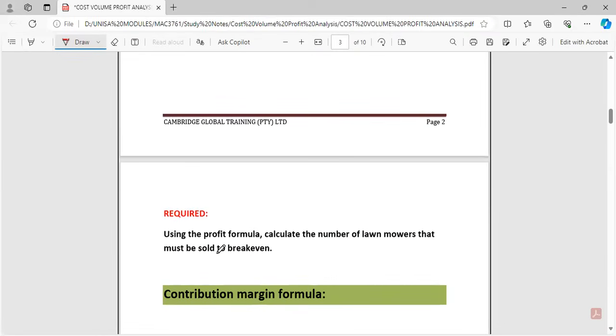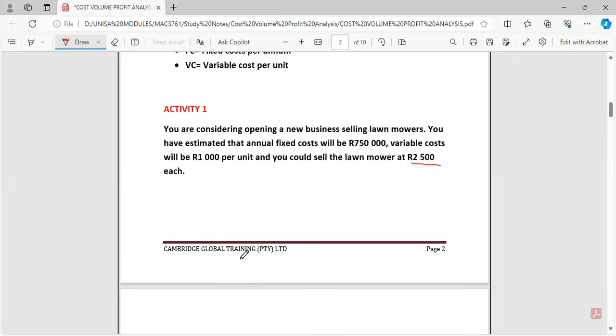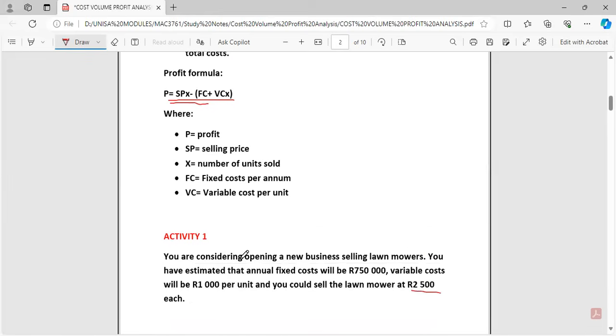You are required to use the profit formula to calculate the number of lawnmowers that must be sold to break even. So we just come to our formula here.